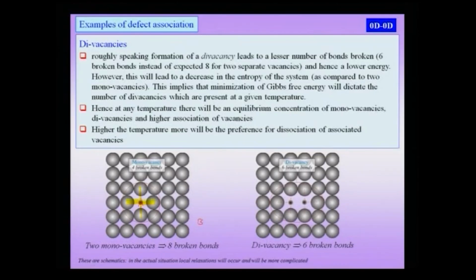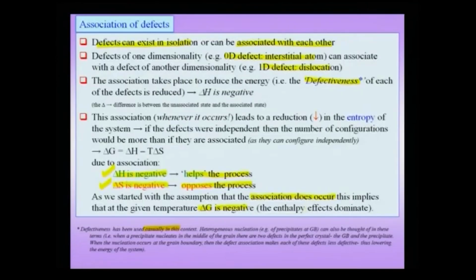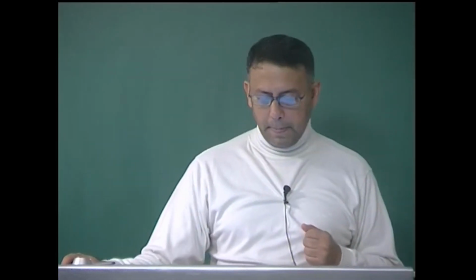That means I am going to cost the crystal a lot of energy. Now, suppose I talk about the formation of a divacancy, which means 2 vacancies located next to each other. I would notice that this is going to cost me only 1, 2, 3 and 3 on the other side, 6 broken bonds. Therefore, clearly in many of these associations of defects there is an enthalpy benefit. Therefore, enthalpy is going to help me in the association of the defects.